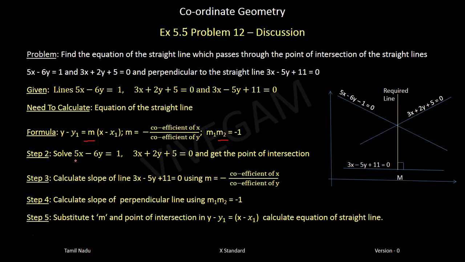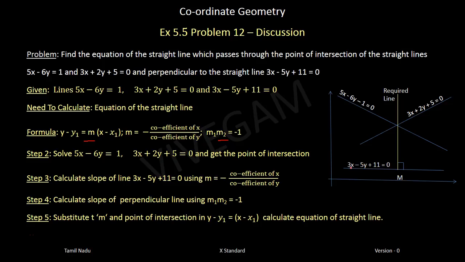I'll correct it later. So solve 5x minus 6y equal to 1 and 3x plus 2y plus 5 equal to 0. That is, these two lines, and get the point of intersection. Calculate the slope of the line 3x minus 5y plus 11 equal to 0 using the formula m equal to minus of coefficient of x divided by coefficient of y.